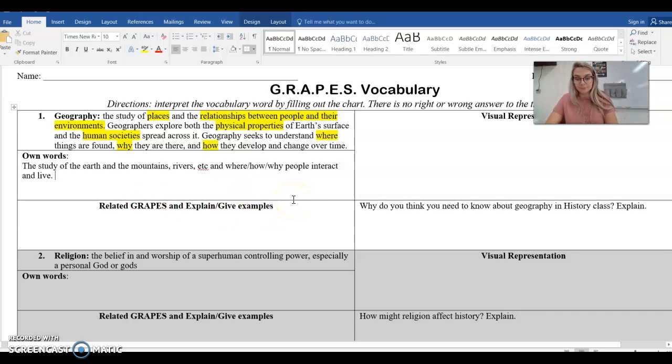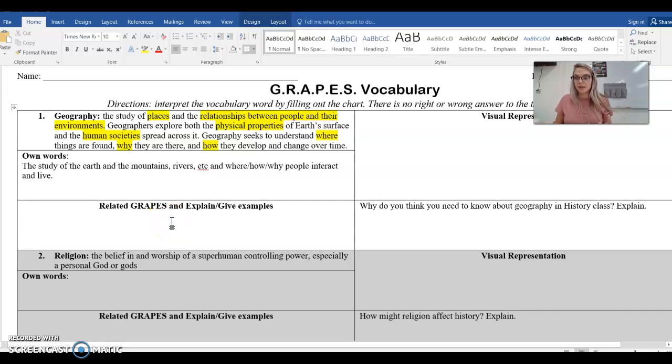All right, so your next step, once you've rewritten this vocabulary word, is you're going to relate it back to these 6 terms. So geography, religion, achievements, political structure, economics, social structure. But since we're just now learning about these words, I want you to try to find examples of these words, or think of some examples.